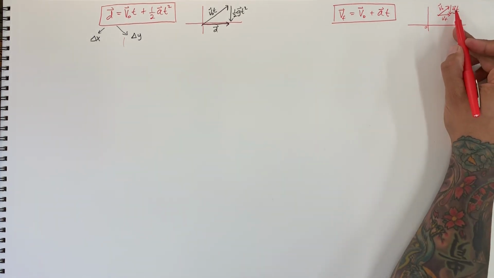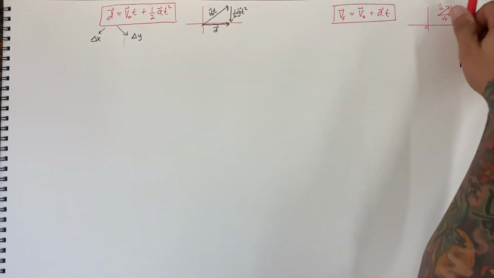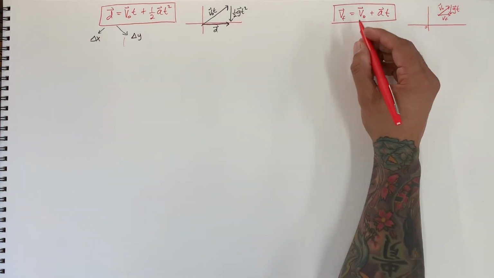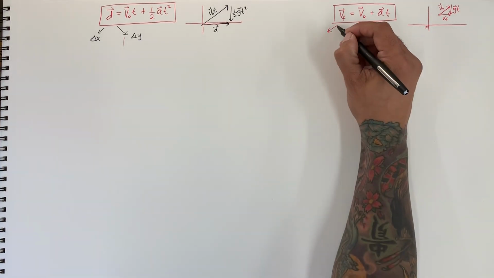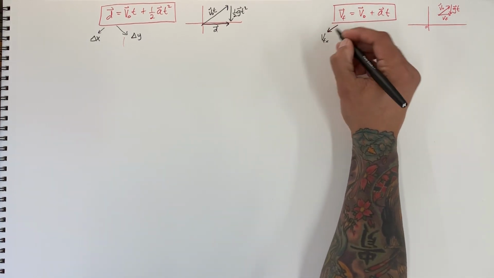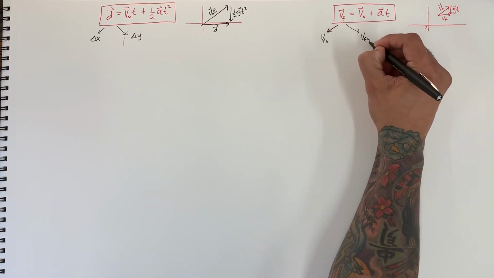So again, we're gonna change the notation of a to g when we're talking about going in the y direction. So this also has 2 velocity finals: velocity final in the x and velocity final in the y.